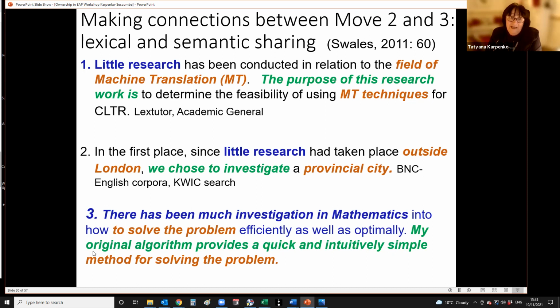And also here, we can look at to solve the problem, which is basically verbal lexical repetition, and method of solving the problem. This particular example is indicative of how many authors frame the idea of the claim and support of the gap.